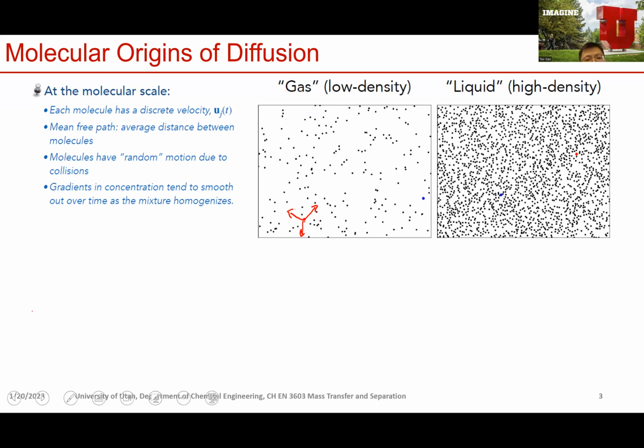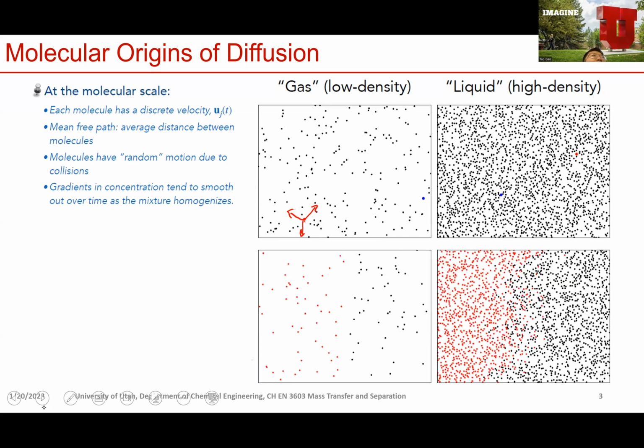So in this case, we are looking at almost a pure phase. But what if we look at an example where we have two components in the system? Let's say in this example we have species A on the left, and species B on the right.